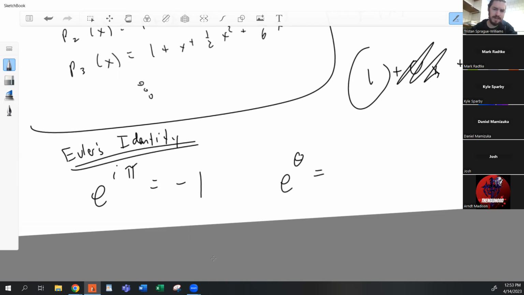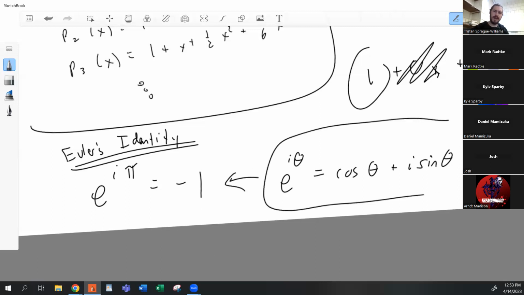The more general statement is that e to the power i theta is cosine theta plus i sine theta. That is a more general version of that. And this is proven by adding together the Taylor series for sine and cosine. It's got some complex numbers in it as well, but that's kind of how it works.